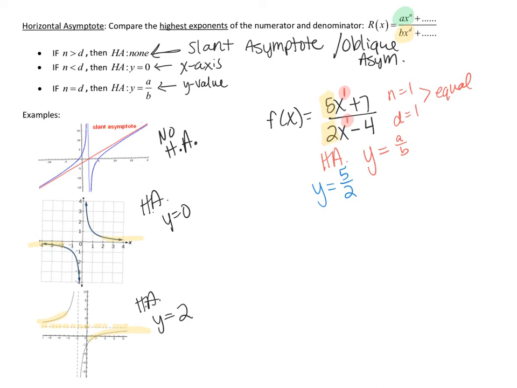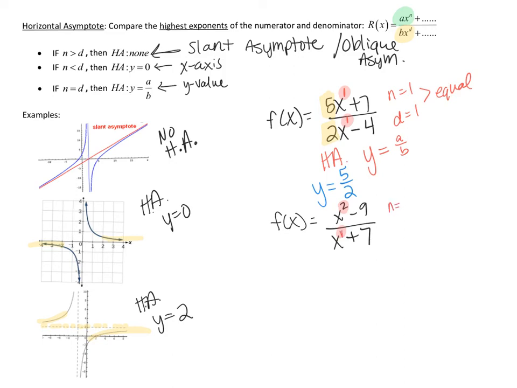Okay, let's look at another example. Let's say we have the function x squared minus 9 over x plus 7. Again, I'm going to look at my highest exponents. Remember, since there's no number on the bottom, it's a 1.